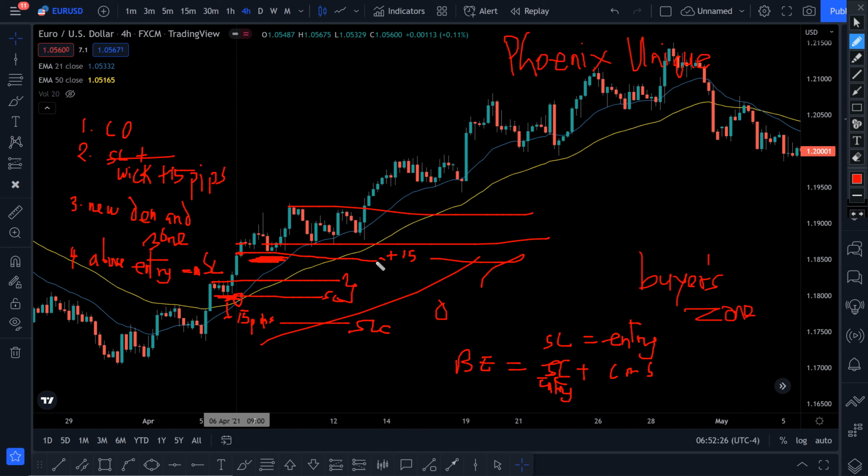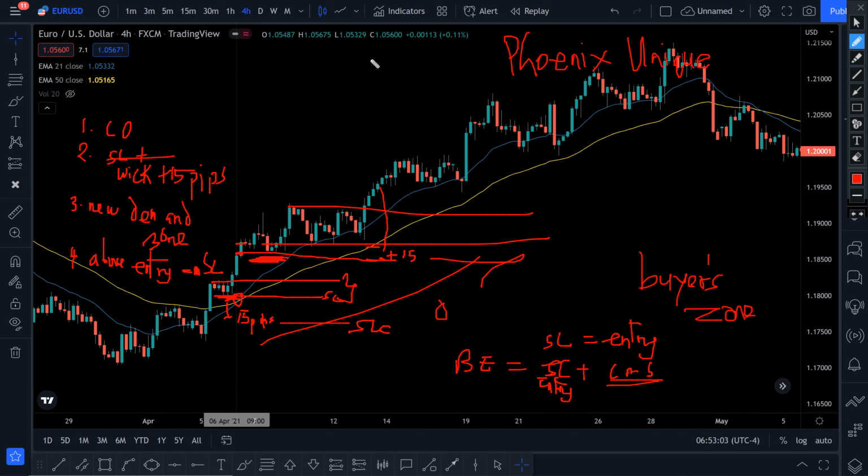You trail it by adding the commission that you were supposed to pay or the spread, so that even if price retraces or there's a spike on news, the maximum that will happen is it will not even just be break even where you have to pay commission. The break even will be that even your commission would be part of the profit that you will get here. So if this were your entry, your stop loss will be some pips above, so that even if price takes you out by using the wick or faker, it will not affect your account balance.